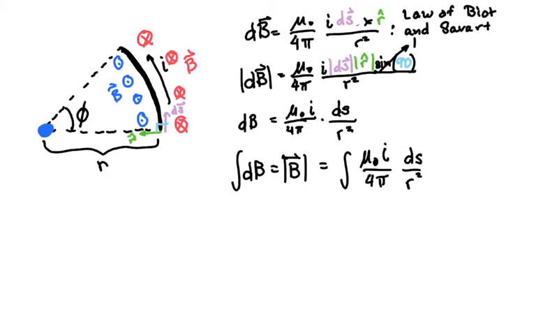So let's actually evaluate this integral. Most of this stuff is just constant, so these 4 constants right here can go outside of our integral. Now we have to look at the overall total length of our circular arc.